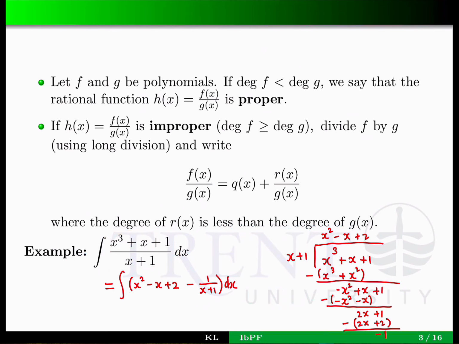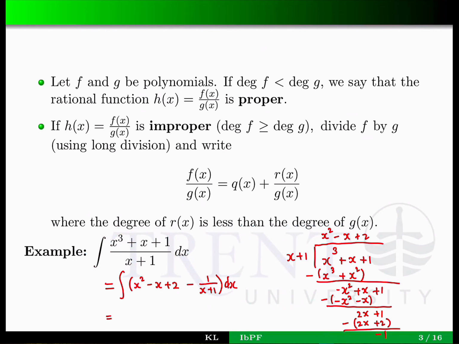So from this expression, after doing long division, we get this expression. If we want to integrate this one, we just need to integrate this expression, which is much easier to do compared to this integral here.